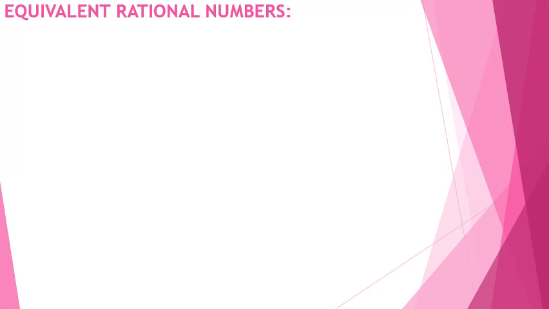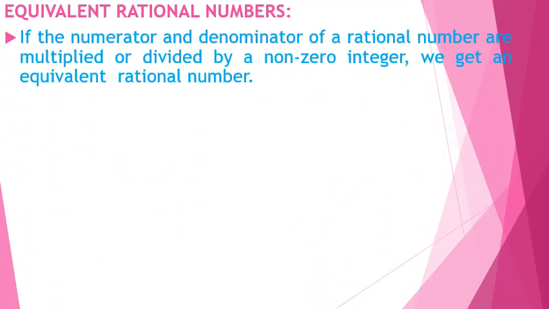Next is equivalent rational numbers. If the numerator and denominator of a rational number are multiplied or divided by a non-zero integer, we get an equivalent rational number. For example, minus 3 by 5.